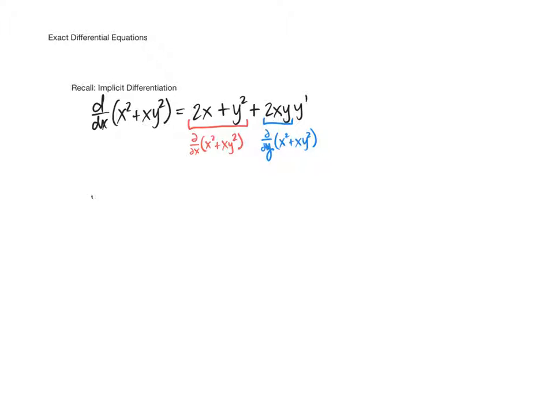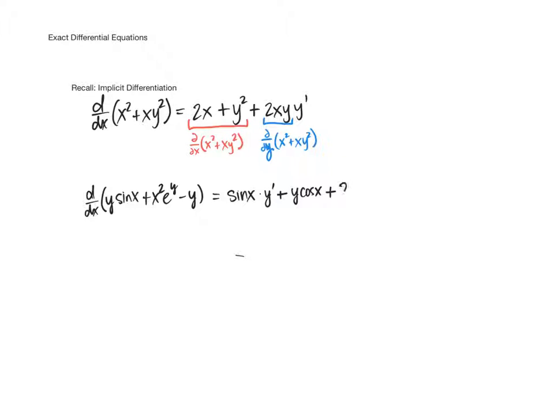Okay, let's try another one. What if I took the derivative with respect to x of y sine x plus x squared e to the y minus y? Okay, so I'm going to take the derivative of this. Again, the first part is a product, so I'm going to do sine x times y prime plus y cosine x, and then plus the derivative of this second term.